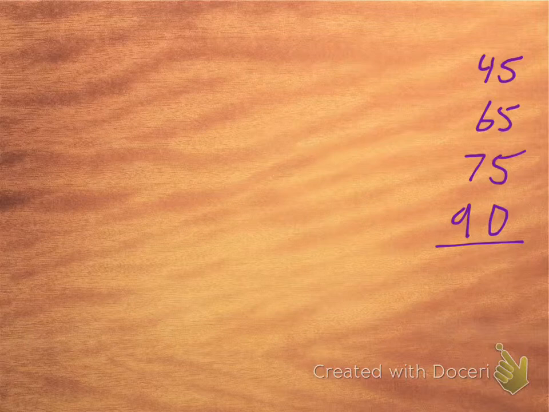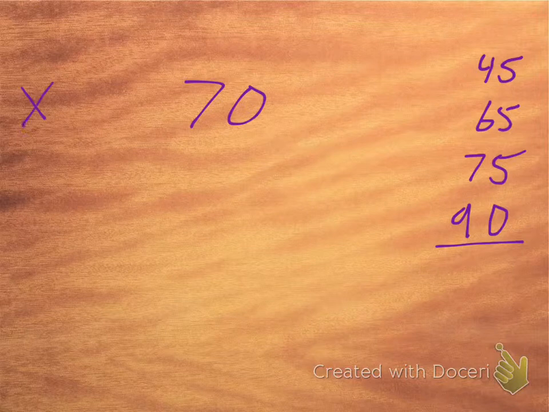When we find average, we add them all up and then divide by the total number of students, which is 5. The average is 70. So what number divided by 5 gives you 70?